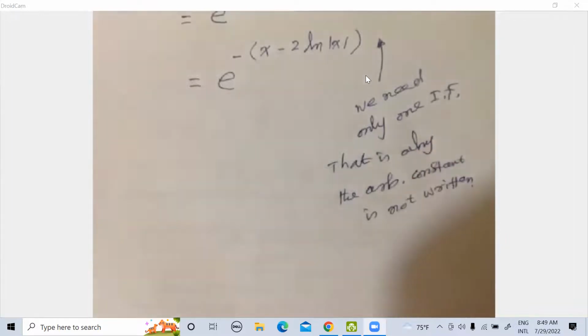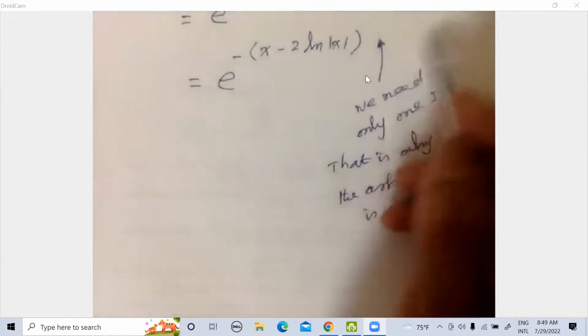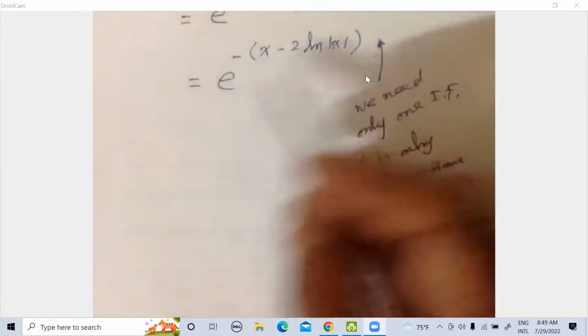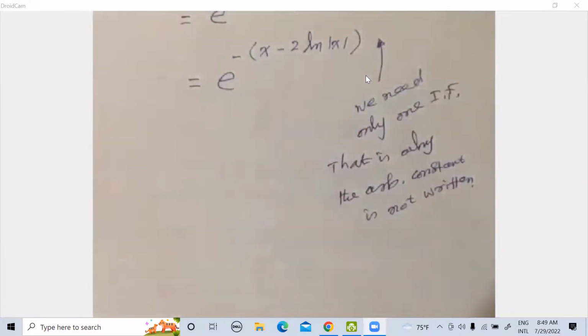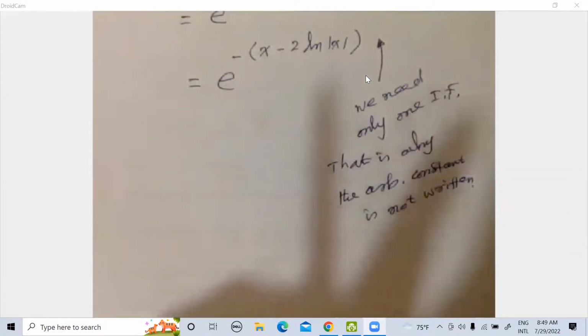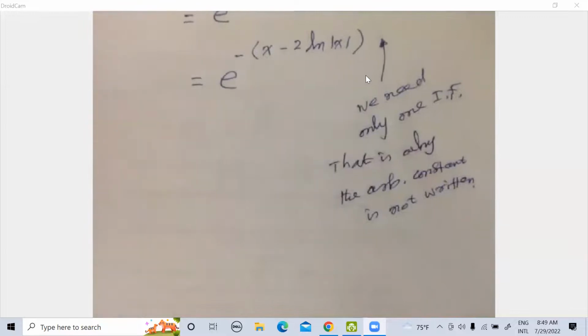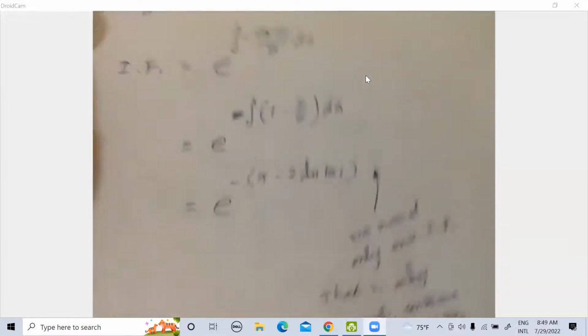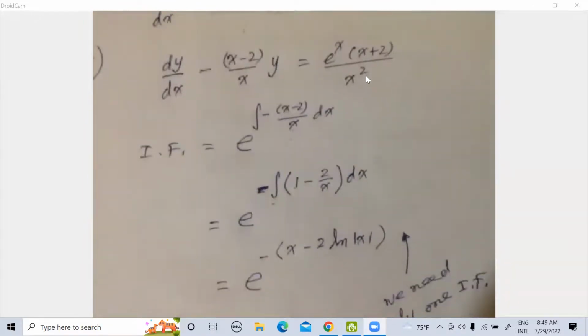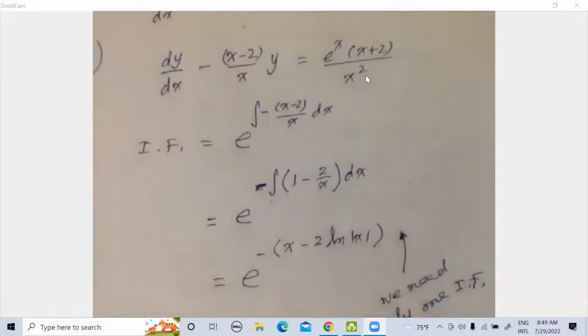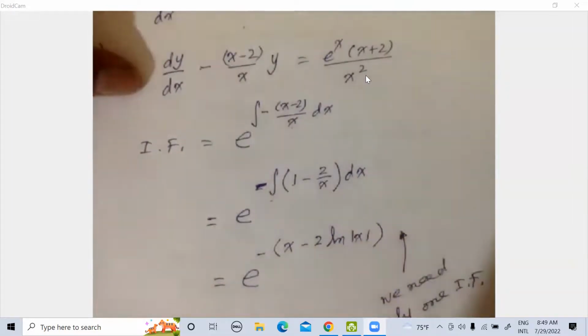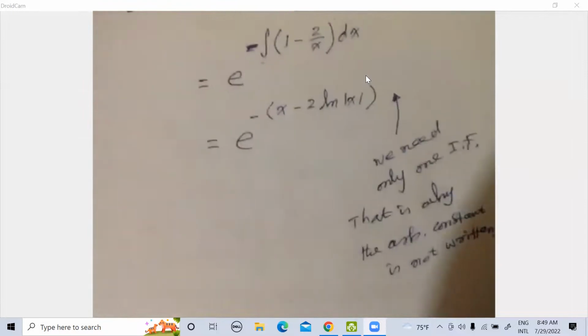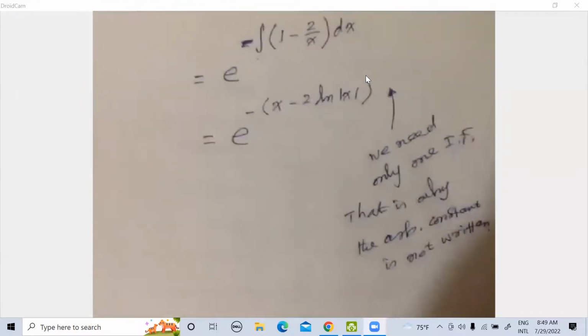If you put plus c, for every c there is an integrating factor, so just take that to be 0. Just one integrating factor is what is needed. So when you get the absolute value of x also, we can take x, because we only need one integrating factor. That is another way to explain it.